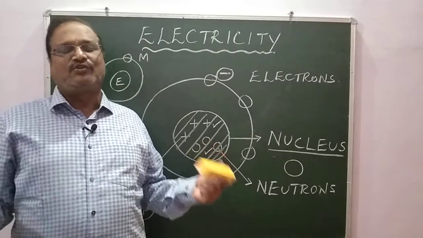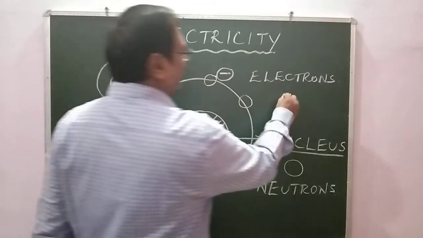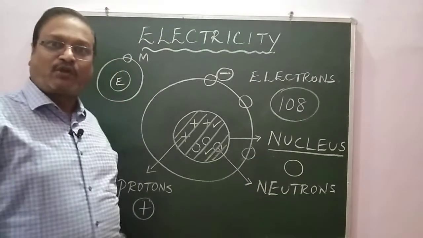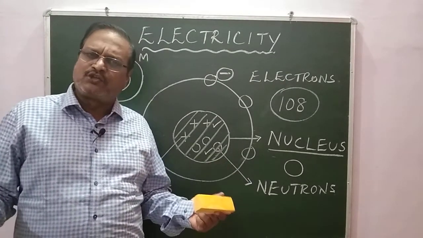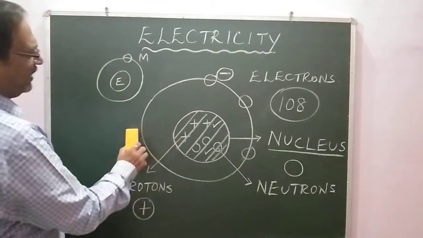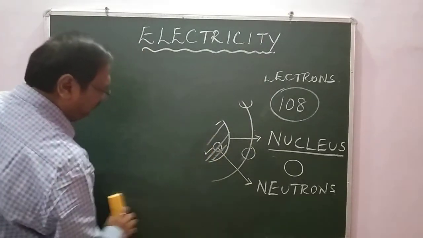So many numbers can be there. We know that 108 elements are there, right? Aluminium, copper, brass, iron, so many elements are there. Okay, so they all have different number of protons and different number of neutrons.